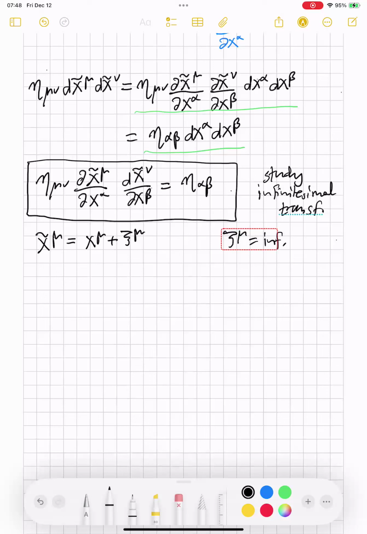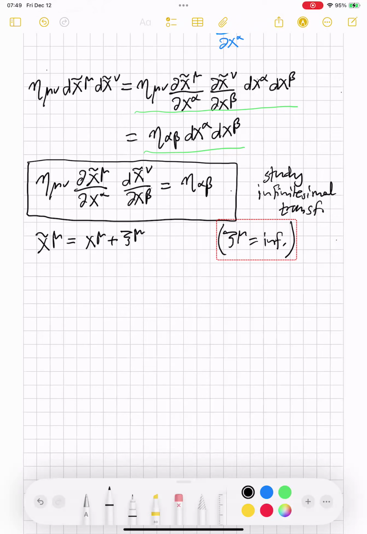Because it's infinitesimal, if I ever get a zeta times a zeta, I can just drop it. That's how things simplify. I don't have to bother about any nonlinear terms in the zeta^mu. Now, we're going to take x tilde^mu equal to x^mu plus zeta^mu and plug it into that equation in the black box.